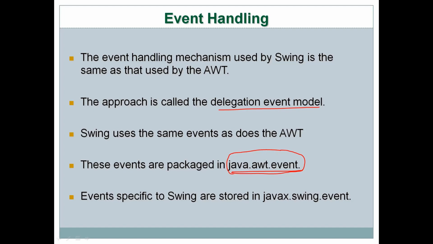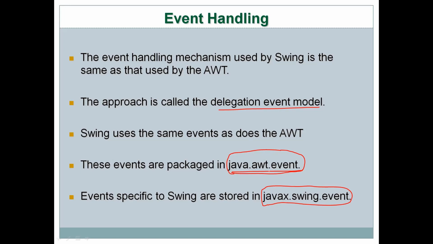There are certain events which are specific to Swing also, and Swing specific events are stored in a package called javax.swing.event. But in most of our programs we will be using the java.awt.event package to handle events.